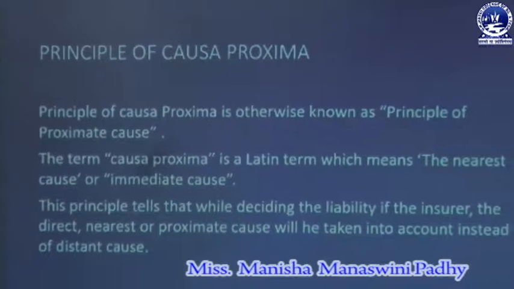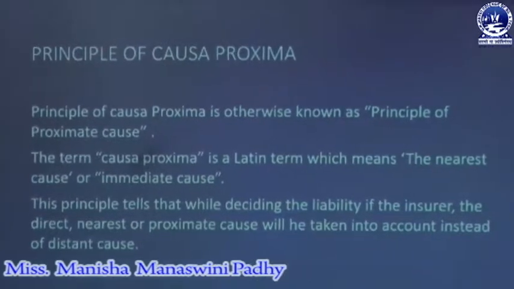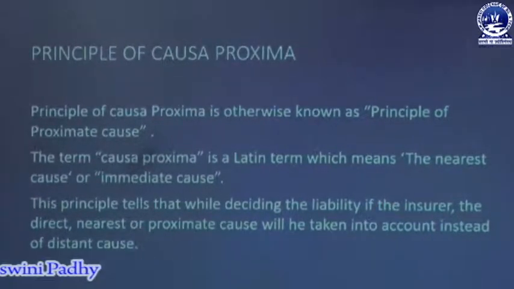Let's move to the slide. So, principle of causa proxima is otherwise known as principle of proximate cause or nearest cause. So, the term causa proxima is a Latin term which means the nearest cause or the immediate cause. Okay. So, this principle tells that while deciding the liability of the insurer, the direct, nearest, immediate or proximate cause will be taken into account instead of the distant cause.